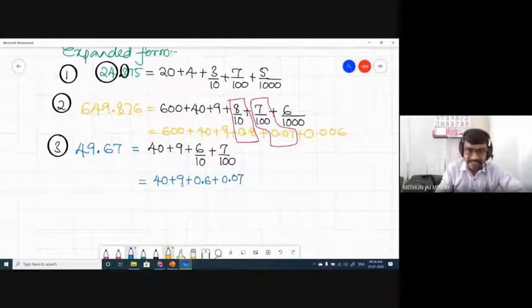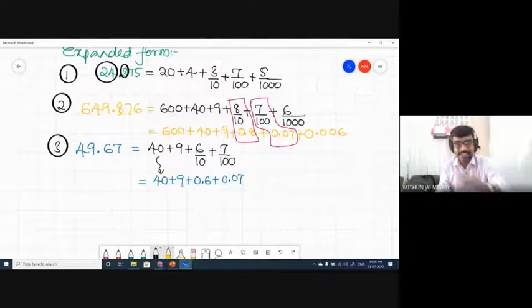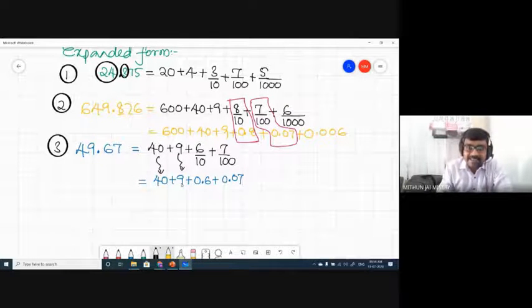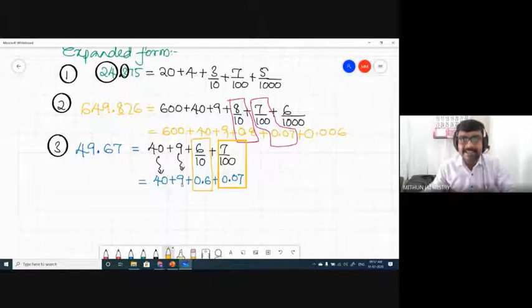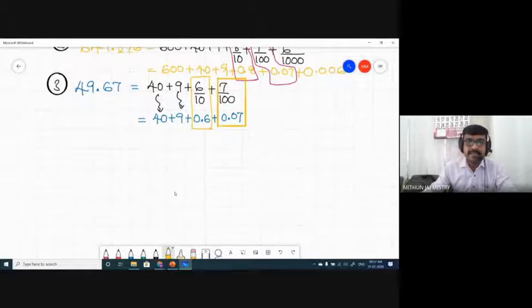Right. So children, you can observe that 40 is the same. It did not change. 9 is the same. It did not change. But 6 by 10 is written as 0.6 and 7 by 100 is written as 0.07. Now let us understand it in a better manner.